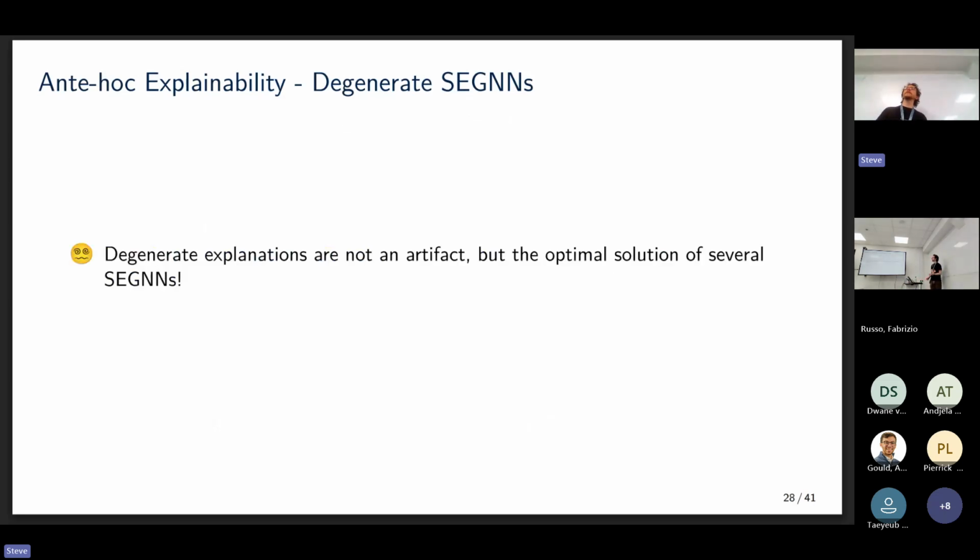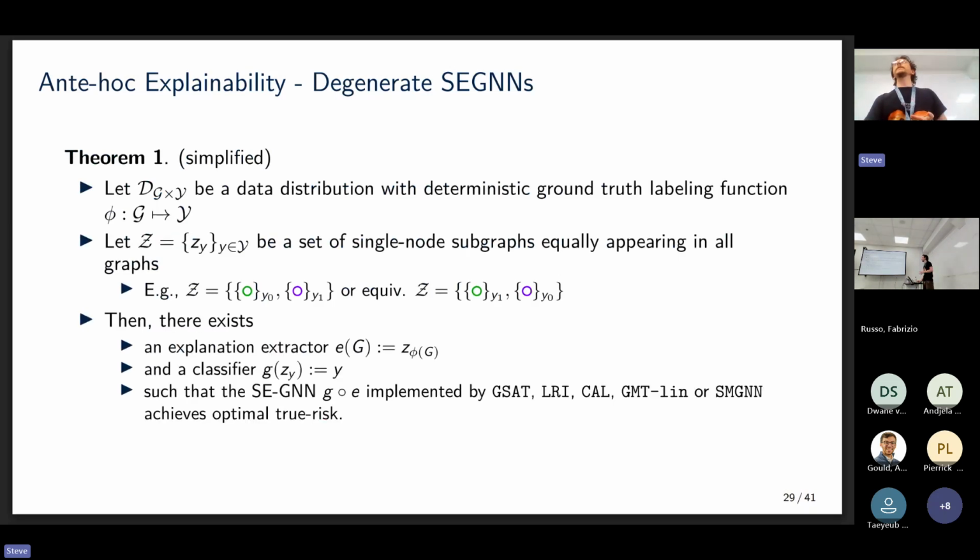Another interesting factor is that these are not artifacts, but it actually turns out that it is the optimal solution of these models. What we did was to inspect the training loss, and it turns out that we can come up with a sufficient condition such that the loss is minimal. Now, I don't want to bother you with the full theorem, I just want to give you the underlying idea.